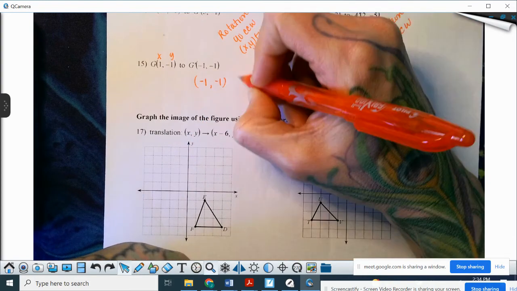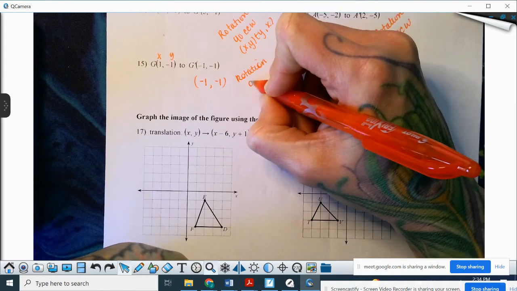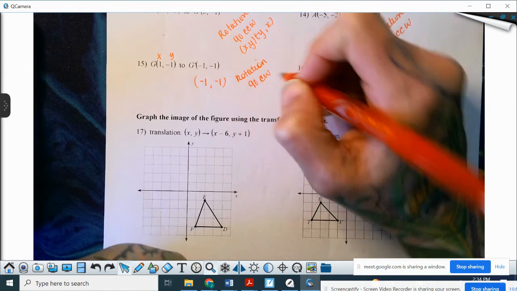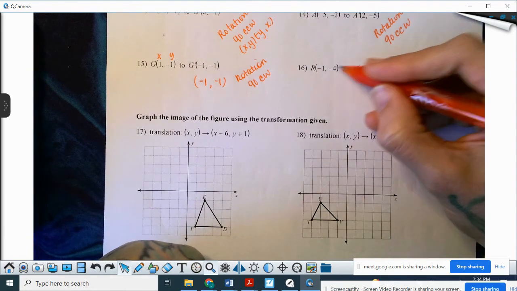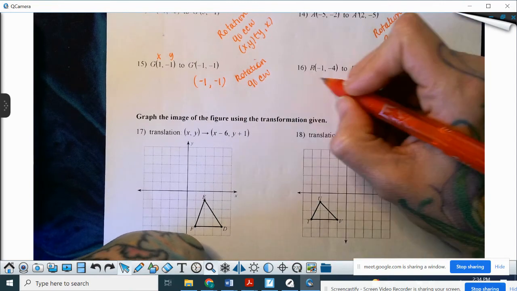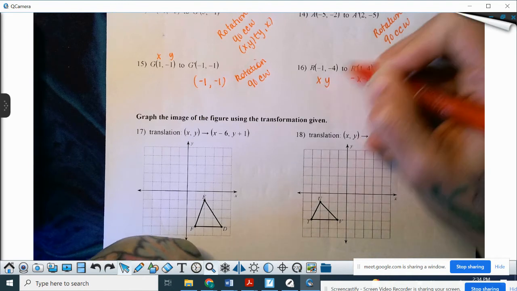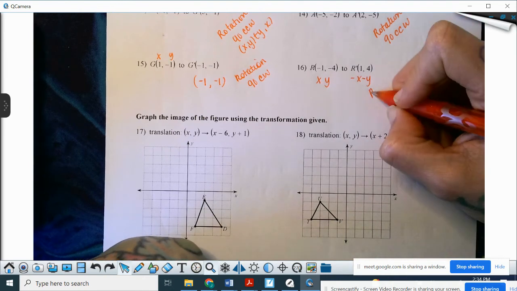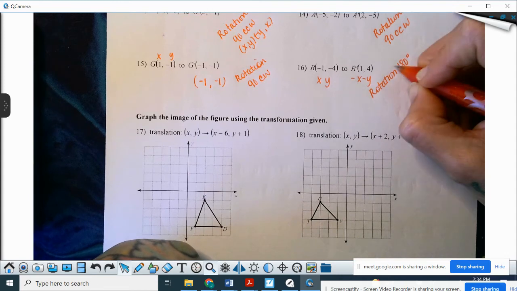So that's a rotation 90 degrees clockwise because only your x changes then. This one, they just became opposite of each other. This is still x and y, but they're opposite of what they were before. And that's a rotation of 180 degrees, clockwise or counterclockwise. Completely up to you.